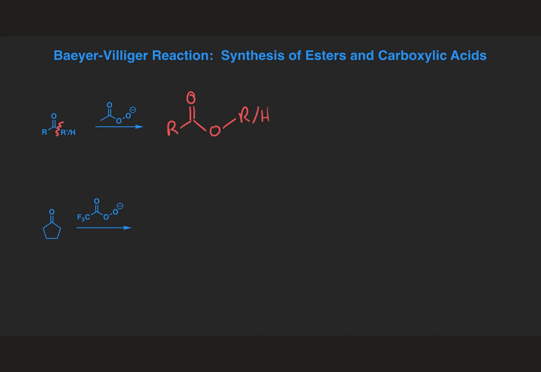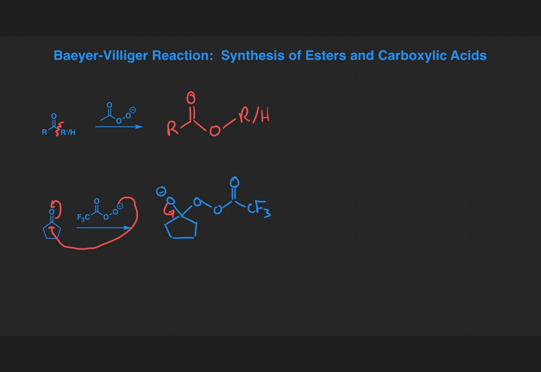So we have a nucleophile in this O minus, and it's going to come in and attack the ketone and kick those electrons up to generate this tetrahedral intermediate. And then these electrons on oxygen are going to kick back down like this.